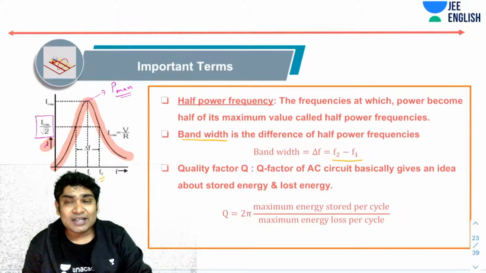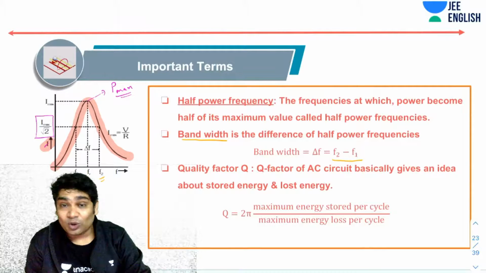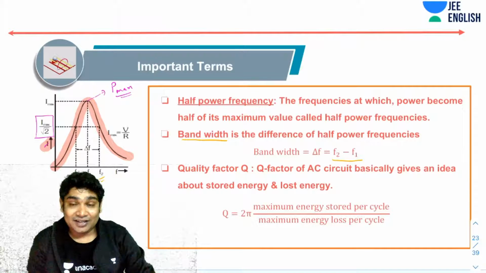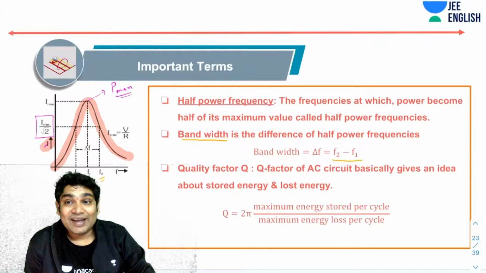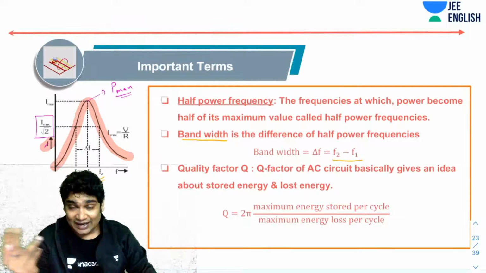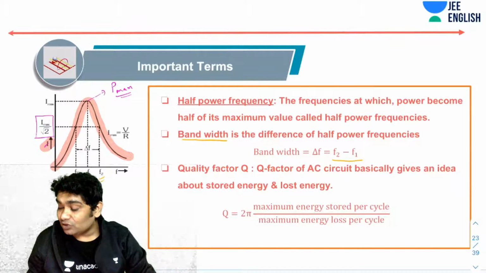So what is the total energy stored, by the way? The maximum total energy stored would be the energy stored in the inductor and the energy stored in the capacitor. And what is the maximum energy loss per cycle? That is the energy dissipated across the resistor. This is how you define the Q factor.